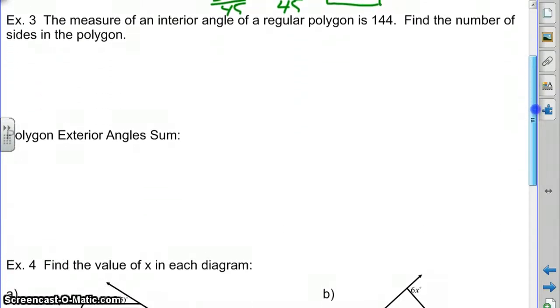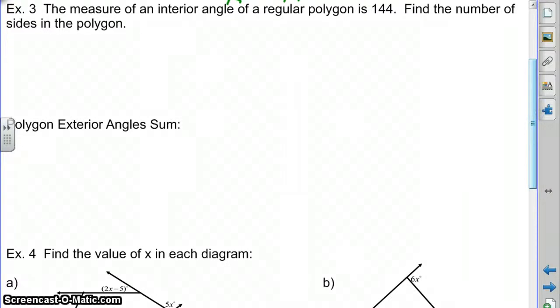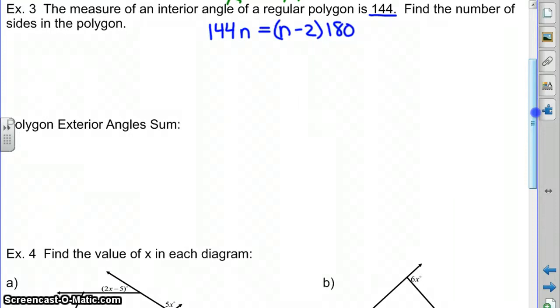The next question asks us to do essentially the same thing. It says I have a regular polygon, so I know that all the angles of the polygon is 144. So the sum of all my angles will be 144 times n. The sum of my interior angles is also expressed as n minus 2 times 180. So I'll use the same process.